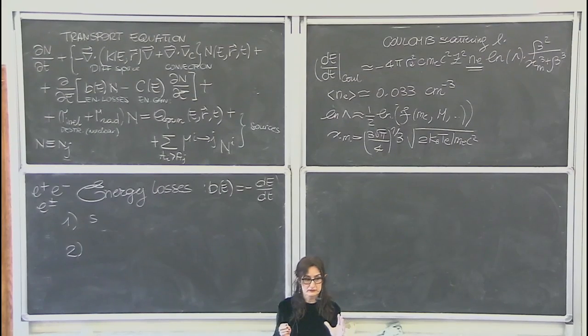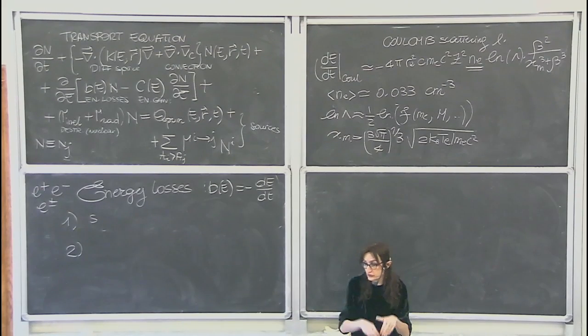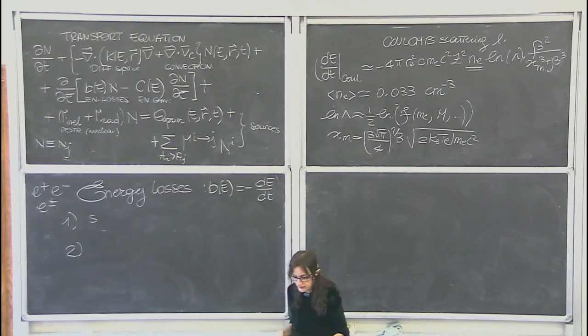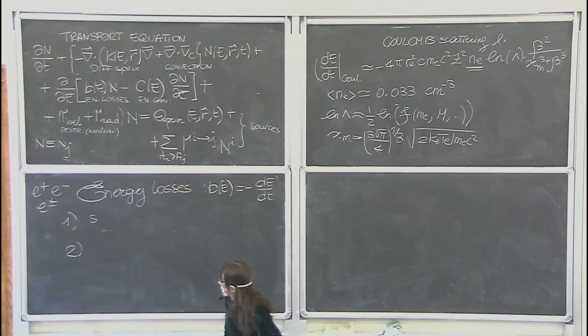So the fact that I seem to confuse losses and emission indeed is because it is the same physics that from one side you consider as a loss of energy for the particle, but on the other side, if you can observe this radiation, it is an emission of the processes that is occurring to leptons.